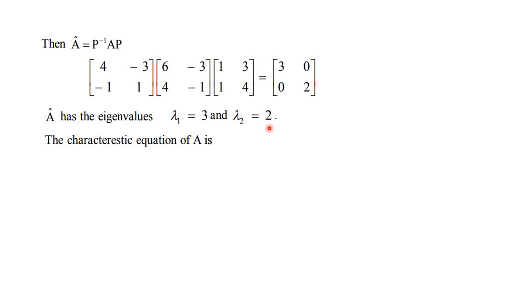For finding the eigenvalues, first we find the characteristic equation of the matrix A. A is 6, minus 3, 4, minus 1.